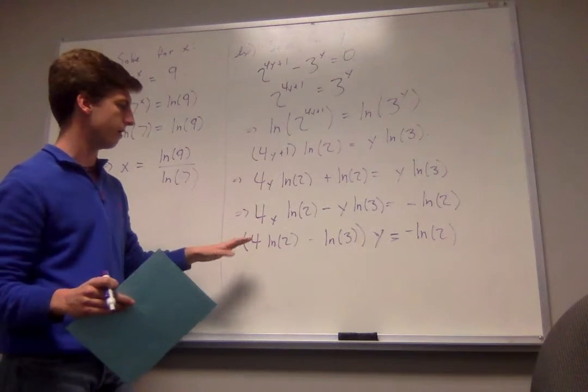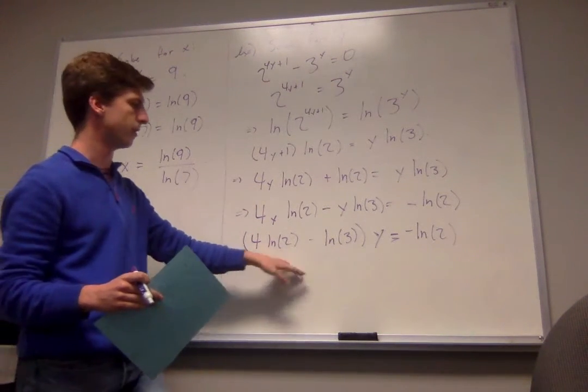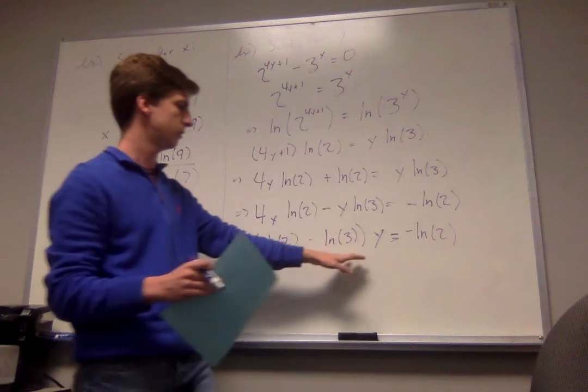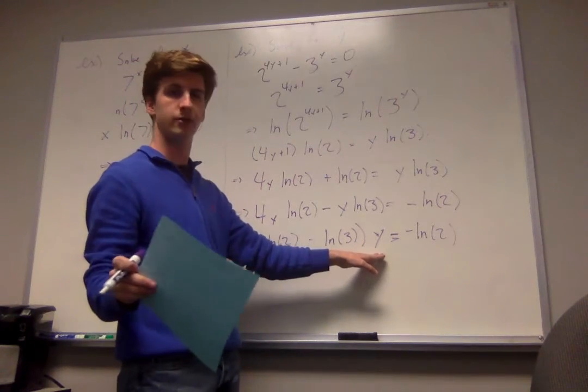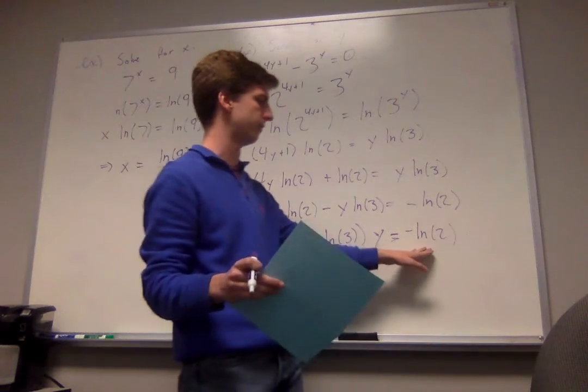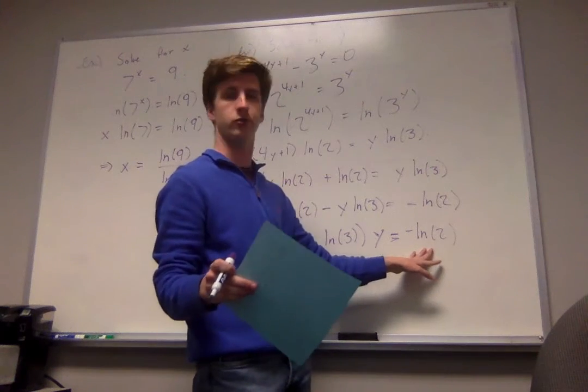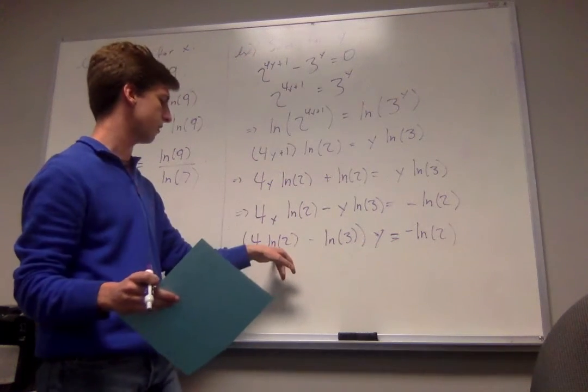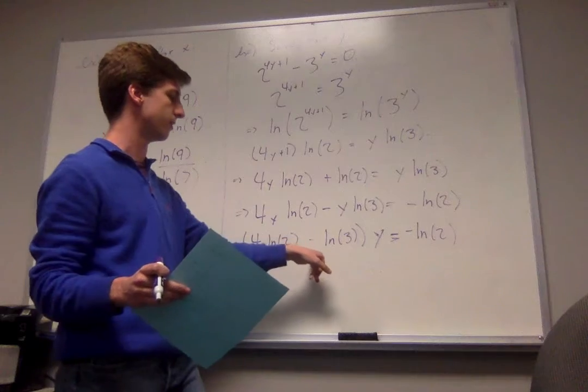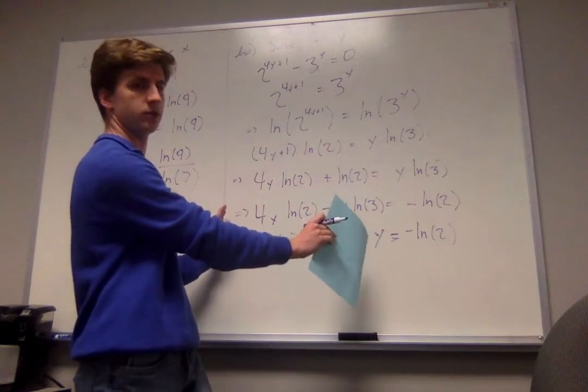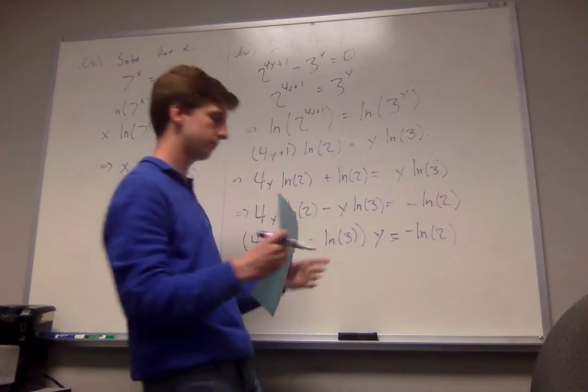So finally we have 4 log 2 minus log 3. That is just a number. We have y. That's the variable that we're solving for. And we have negative log 2. And that's just a number. So we can divide both sides by 4 times log 2 minus ln 3, everything that's in parentheses here, and we get the answer for y.